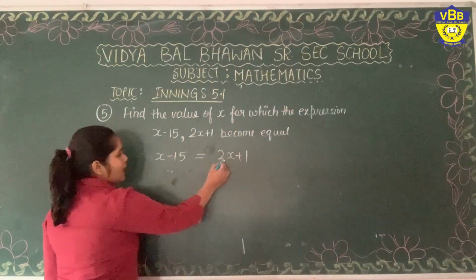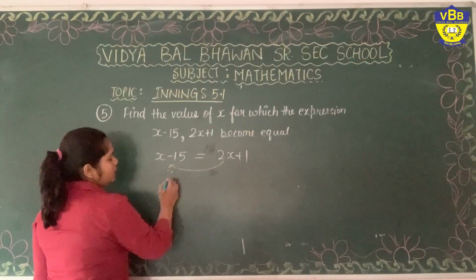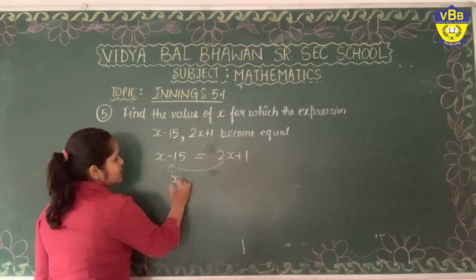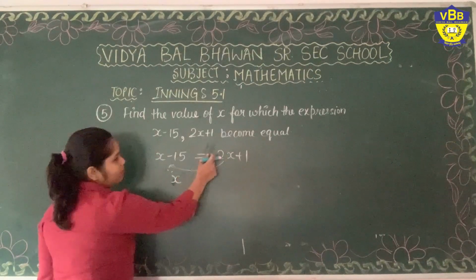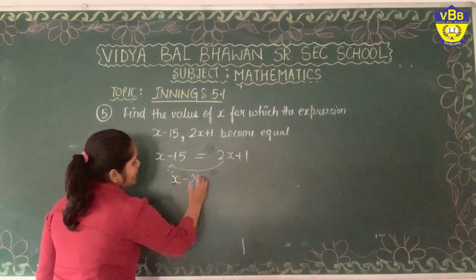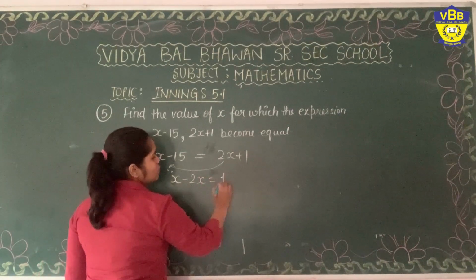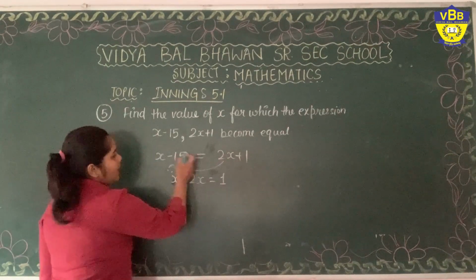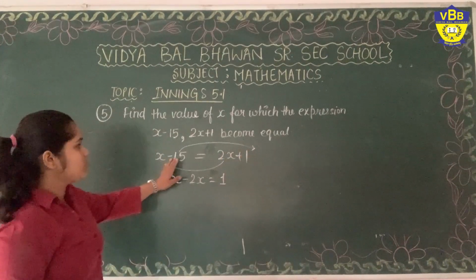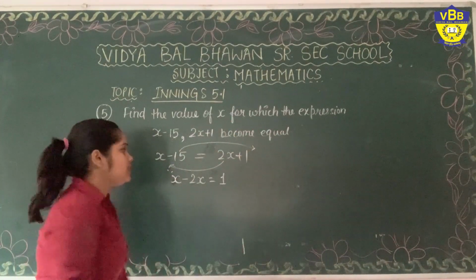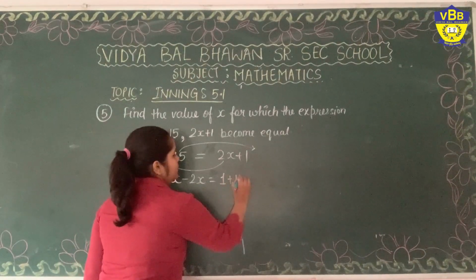Again, to solve that, we will shift the variable x to one side, transposing this 2x to the left side, plus 2x will become minus 2x, equal to 1 is already here. And now I am shifting this minus 15 to the other side. Minus 15 will transpose to the other side and become plus 15.